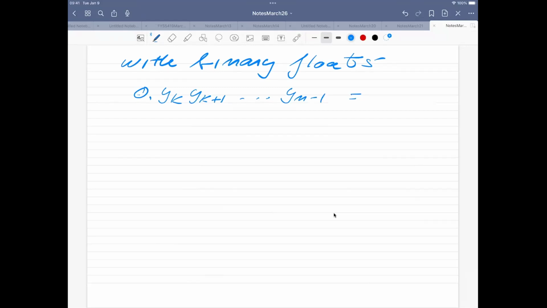And that will be given by y of k, the first one, times 2 to the power of minus 1, plus y of k plus 1 times 2 to the power of minus 2. And this goes all the way down to y of n minus 1, and then we have 2 to the power of minus (n minus k). And this number n is larger than k here.